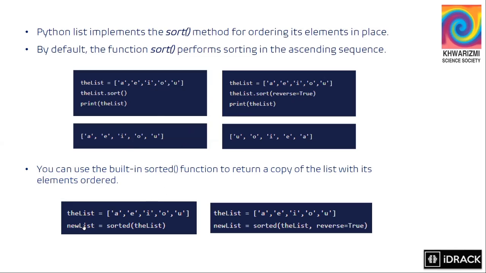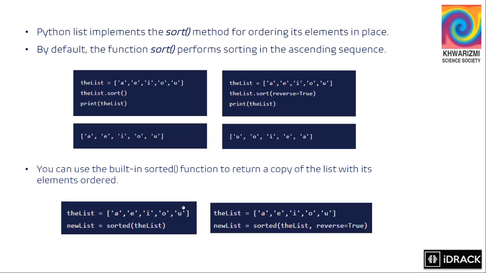And again, the syntax varies a little. So here you did the name of the list dot sort, and here you do sorted, and then the name of the list comes within brackets. And if you wanted to sort in the reverse order or in the descending order, it's sorted, and within brackets you write the name of the list, a comma, and then reverse equals true.